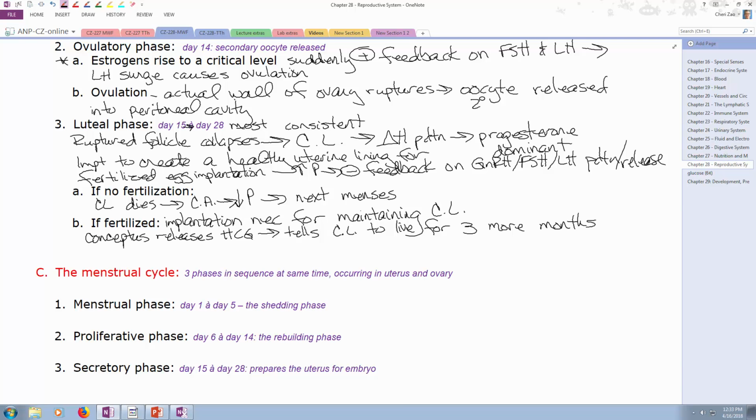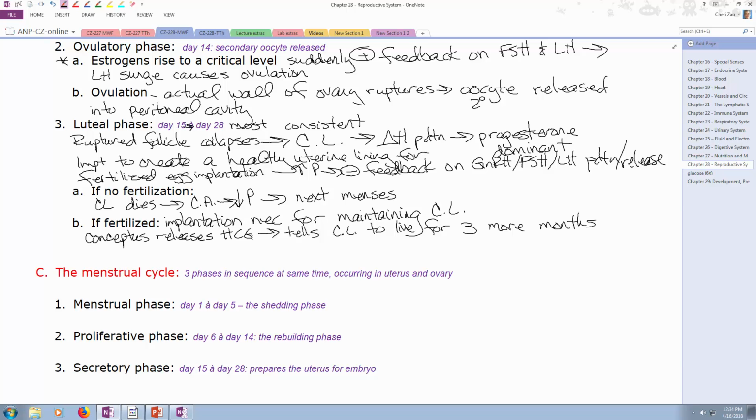You know, we don't actually take products of conception and analyze what came first, because it's really hard to tell, because they happen so close to one another. But if the conceptus dies, then the corpus luteum will no longer receive the signal of HCG and it will die, and then sloughing will occur.